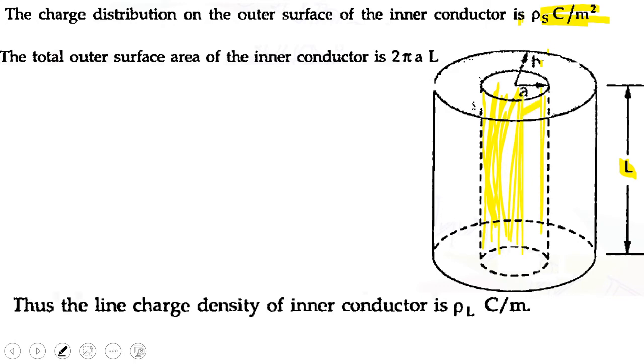The yellow shaded portion is rho s. The total outer surface area of the inner cylinder will be 2 pi a L. How? The circumference formula is 2 pi r L. The length is L and the radius is a. So the outer surface area of the inner conductor will be 2 pi a L.